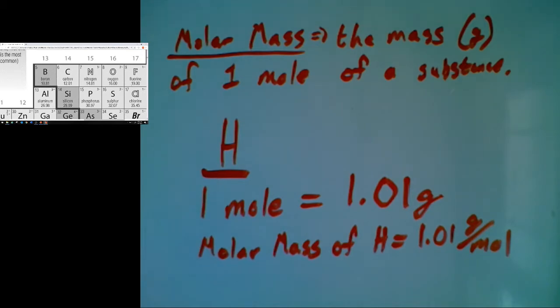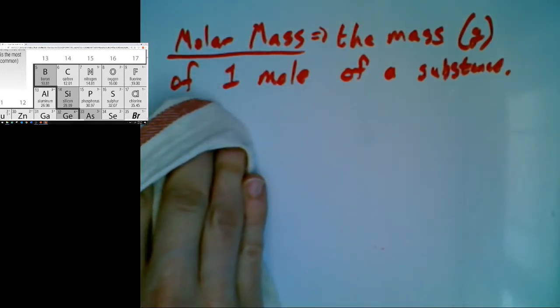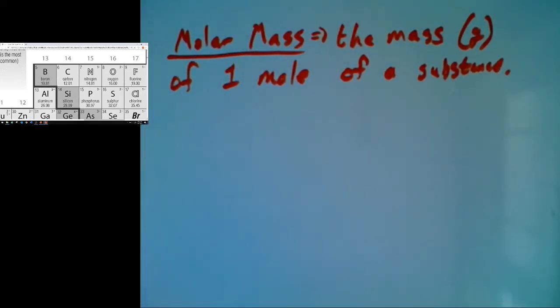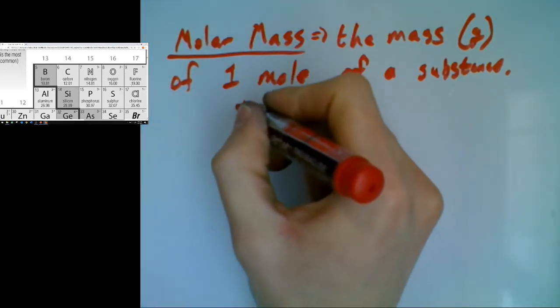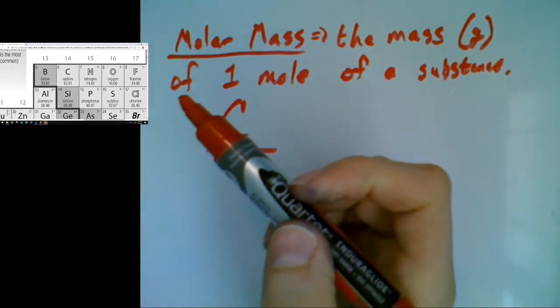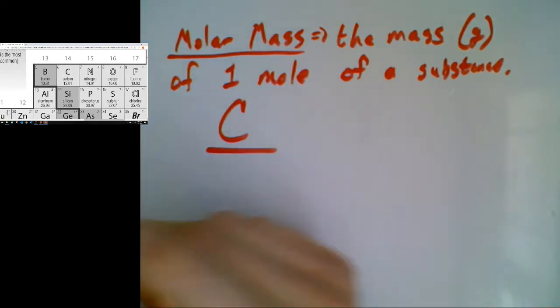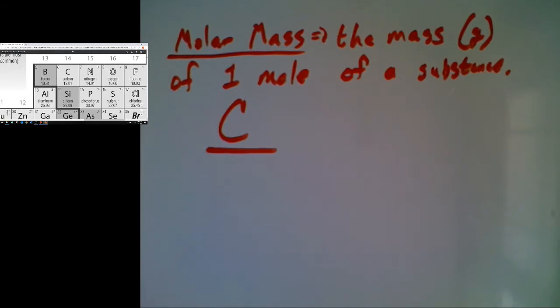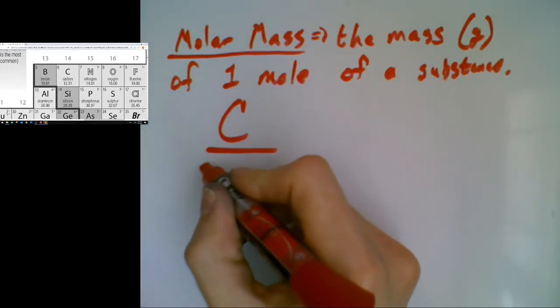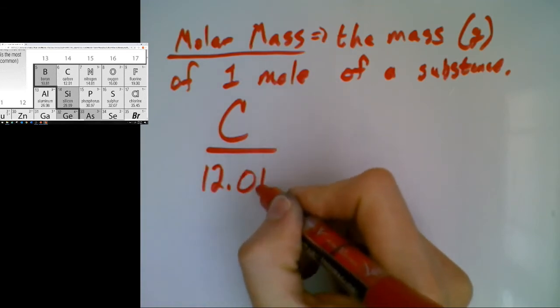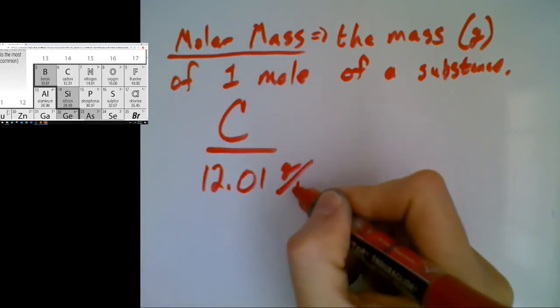So let's look at a different substance on the periodic table. Let's say we were dealing with something like carbon. So what you would want to do is turn to your periodic table, find carbon on that periodic table, and look at what we used to call the atomic mass, which we now call the molar mass, and we would find that it has a molar mass of 12.01 grams per mole.